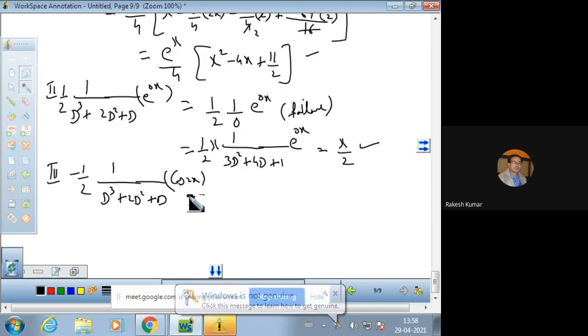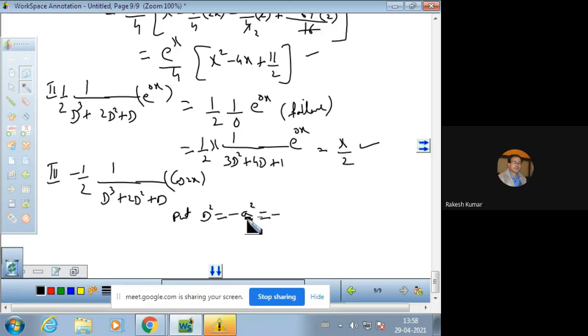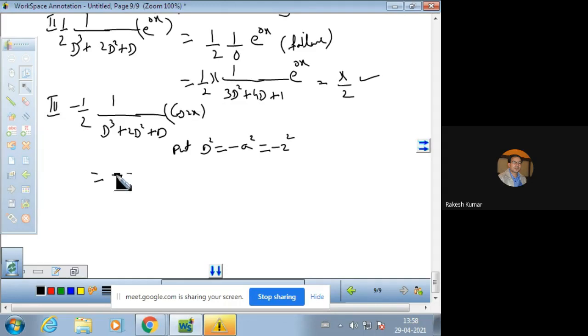And if we have a trigonometric term, you know what we need to do. We need to put D square equal to negative a square. And what is a? The coefficient of x, that is 2. So you need to put D square equal to negative 2 square. This is the procedure for sine and cosine terms.